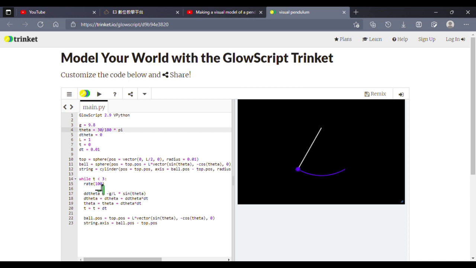So 100 means it will display at 100% speed. The purpose of these sections is to update every variable from the first frame to the other frame.